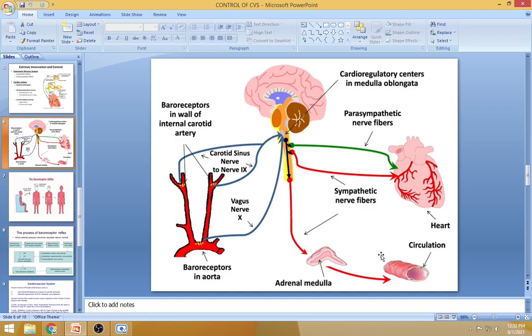These are receptors that are present in the heart and in the blood vessels, and they also play a role in modulating the activity of the heart, or rather the function of the cardiovascular system as a whole.